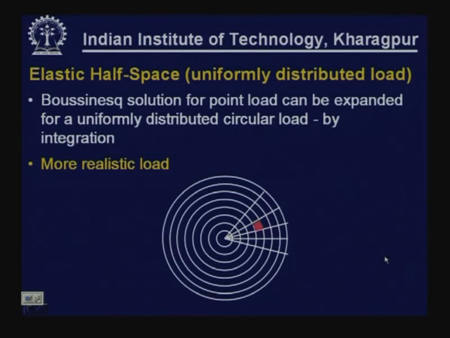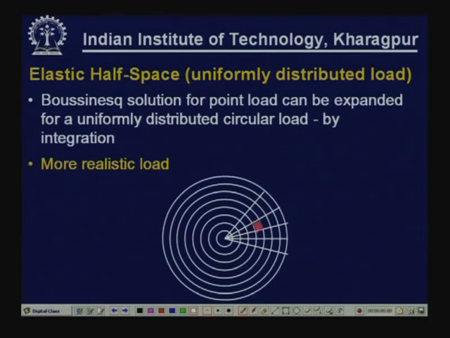The Boussinesq solution of a single layer system subjected to a concentrated load can be expanded to a uniformly distributed circular load by integrating the point load over the entire area. The circular contact area can be divided into small elements, and the load coming on each small element can be considered to be a concentrated load P, for which we have the solution.